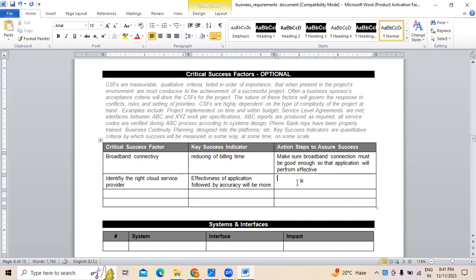Next, action steps to assure success, right? What action steps?